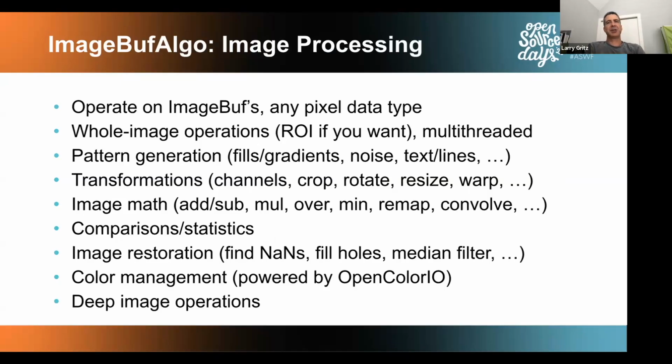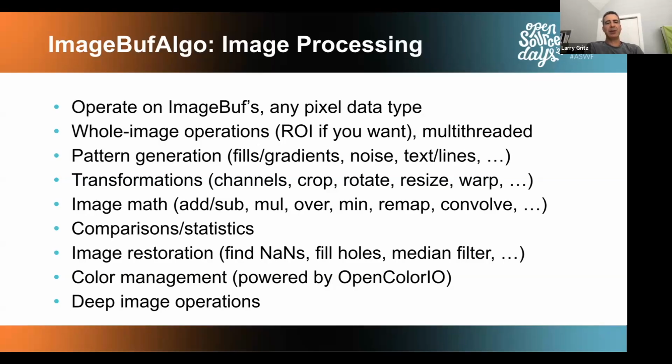This is just a long laundry list of different kinds of image operations that you would do, whether it's shuffling channels around, cropping, resizing the image, doing image arithmetic on one or more images, comparing images or getting statistics about them, and all sorts of other things.